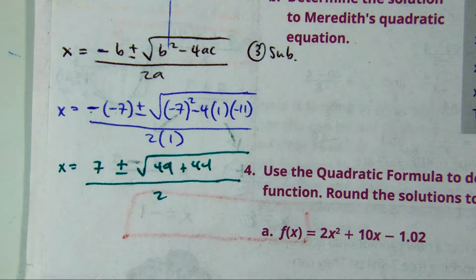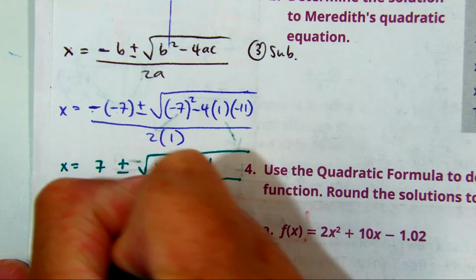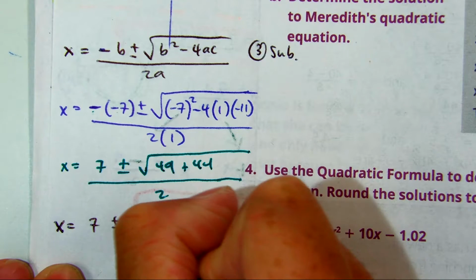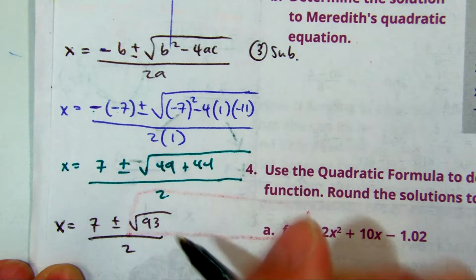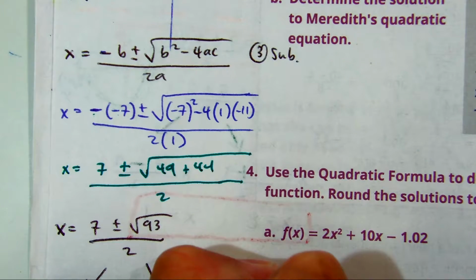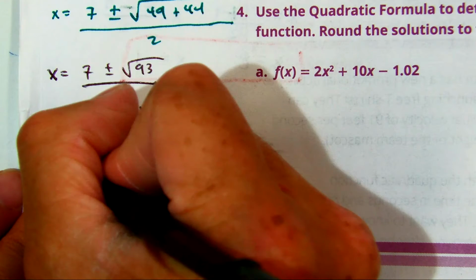Alright, Noel, simplify that. 7 plus or minus the square root of 93 over 2. Noel, go ahead and split these for us, please. 7 plus the square root of 93 over 2. 7 minus the square root of 93 over 2.